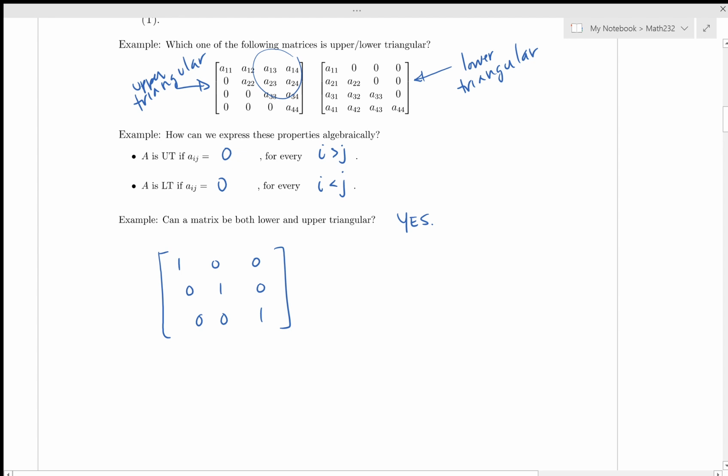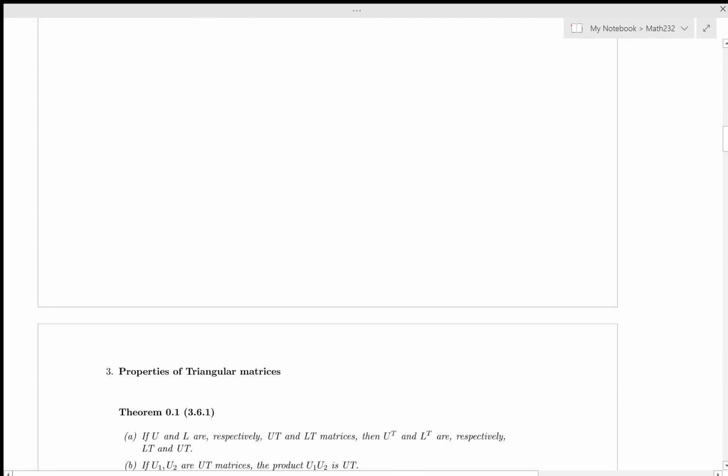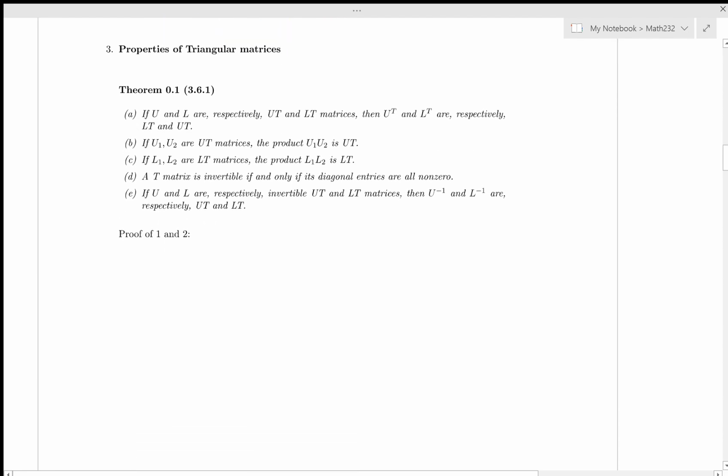Okay, next on our agenda is to take a look at a few of the properties of the triangular matrices. So here they are. We have two matrices, U, which is upper triangular, and L, which is lower triangular. And then U transpose is lower triangular, and L transpose is upper triangular. If we've got two matrices that are upper triangular, then the product of the two of them is upper triangular.